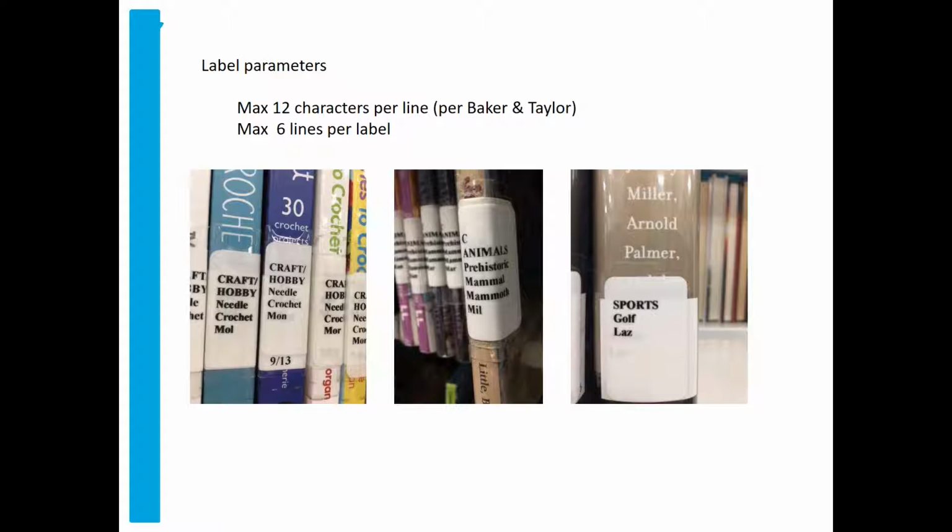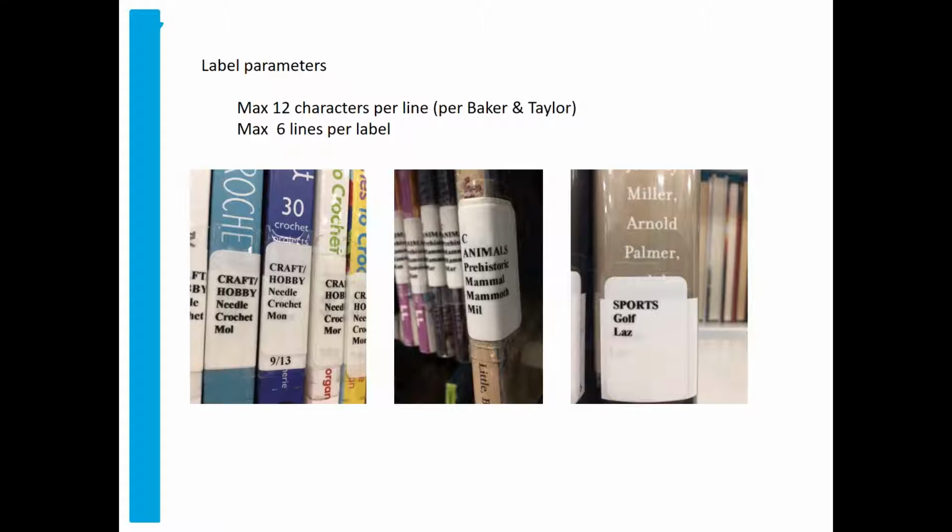You can see that the major subject heading is in all caps and everything that follows is not in all caps. And that's how you can tell what exactly is the major subject heading when you're looking at the label. You'll also notice that as you go down further on the spine label, it goes from broad to much more narrow in detail of what the book is going to be about.